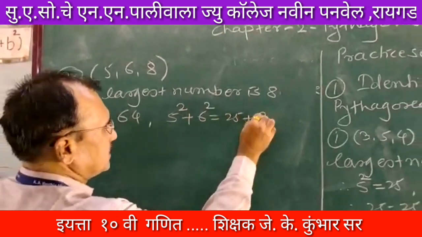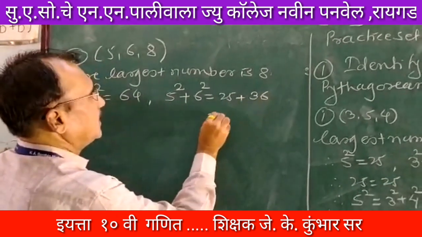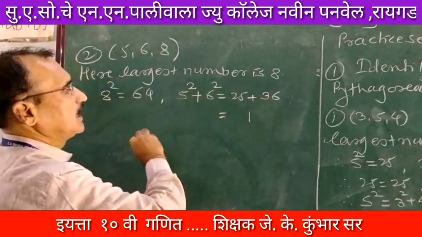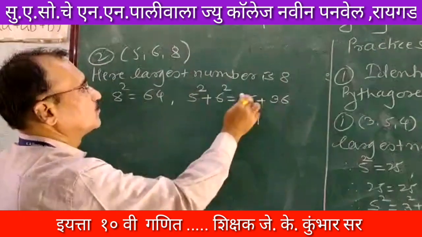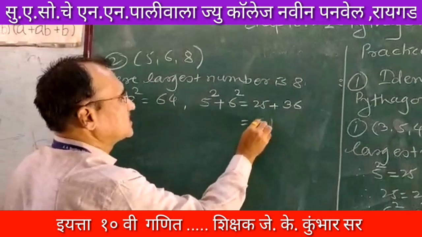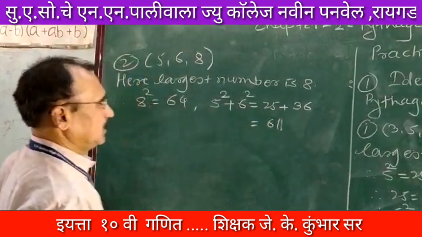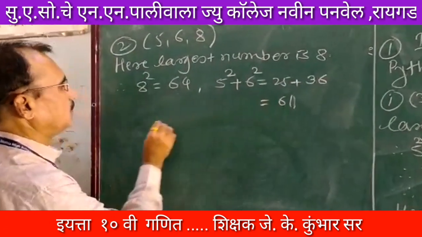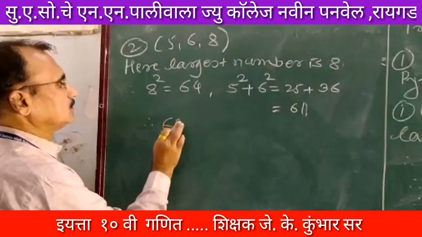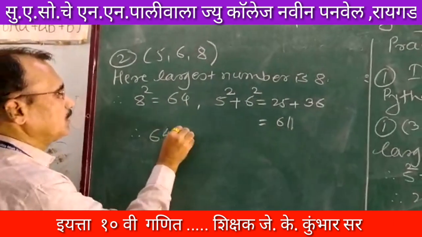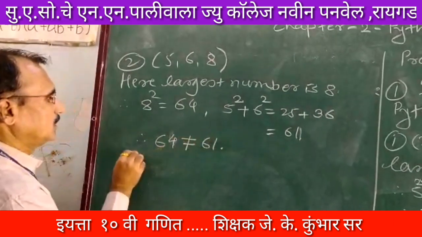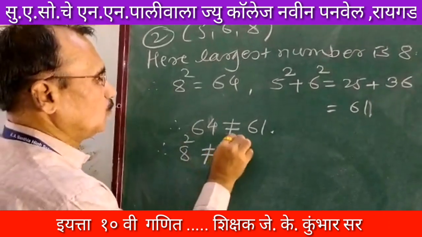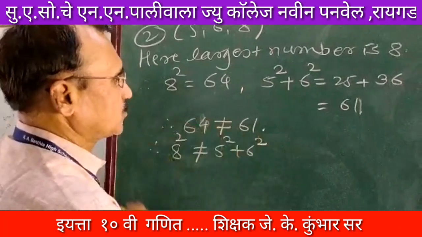Square of 6 is 36, and addition of these two numbers, 6 plus 5 is 11, carry 1, 3 plus 1 is 4, 4 plus 2 is 6. That means here 64 is not equal to 61, and therefore 8 square is not equal to 5 square plus 6 square.